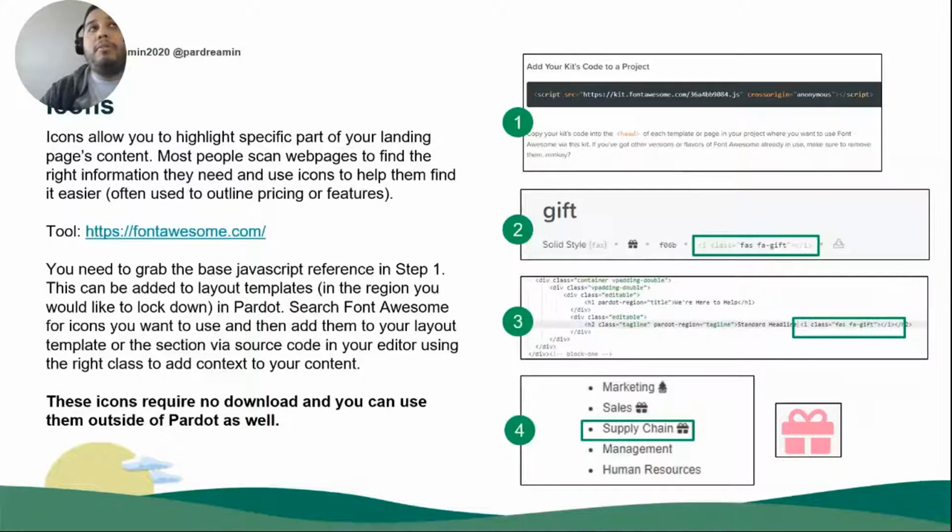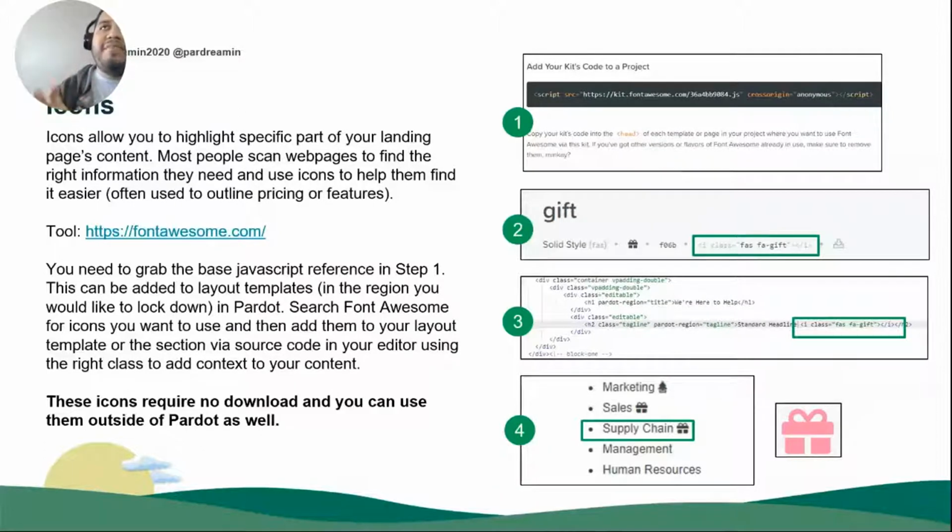Additionally to fonts, you may find yourself needing some images. Sometimes we don't have graphic designers to produce really nice images for our website or landing pages. Something that I used to use quite a bit was this open source resource called Font Awesome. Now you do have to create an account.